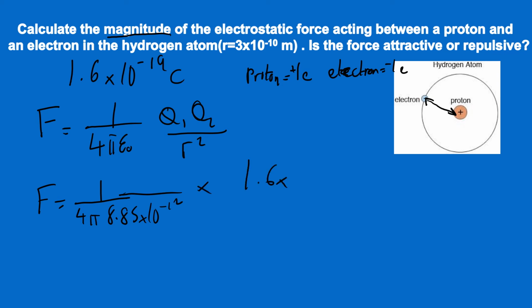Because they've got the same magnitude of charge, it's the same as squaring 1.6 times 10 to the minus 19. And then the distance is 3 times 10 to the minus 10. Remember to square that value. Then it's just a case of putting that into your calculator and seeing what value you would get. And we'll see that the size of the electrostatic force is greater than the gravitational force between the two.